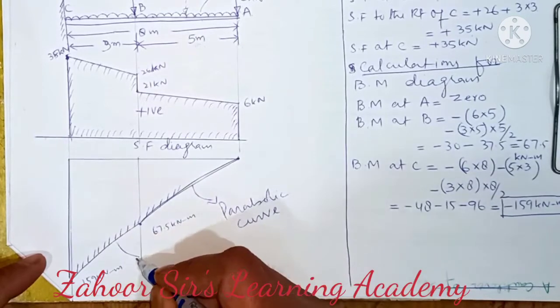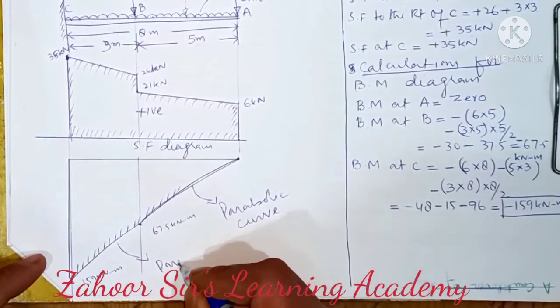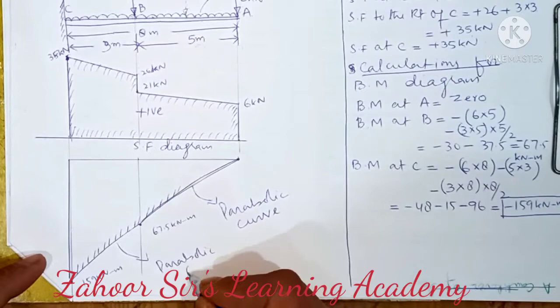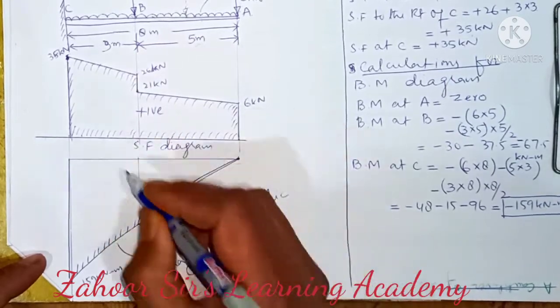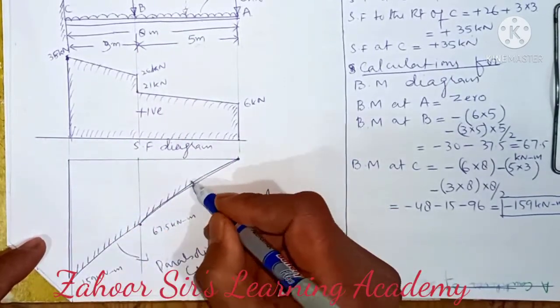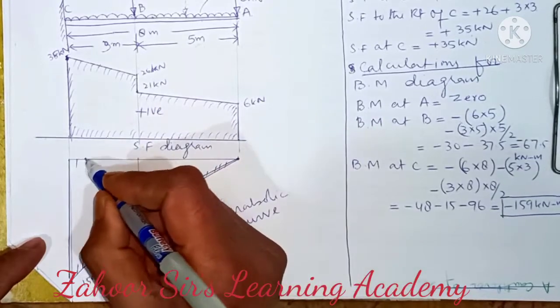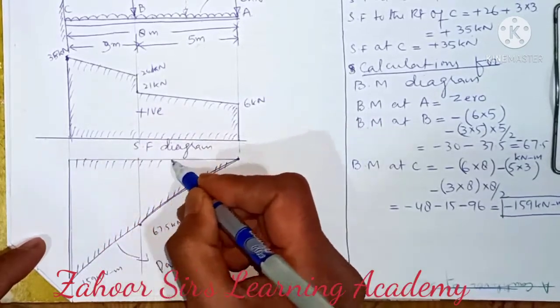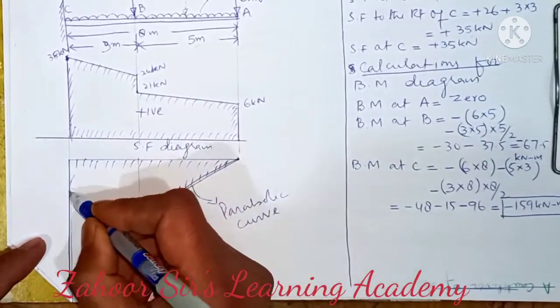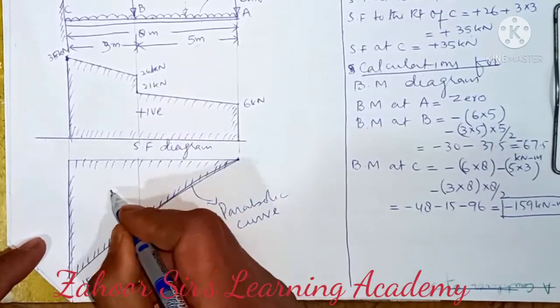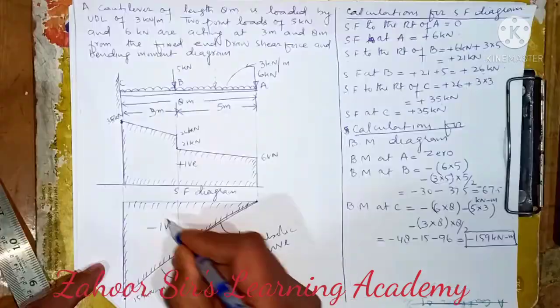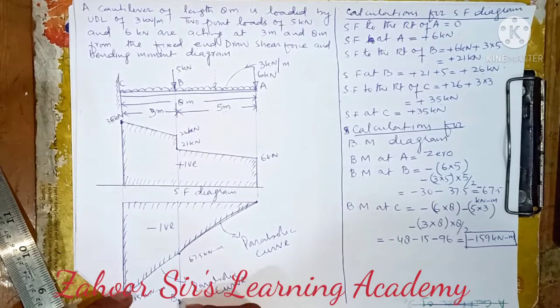So this is also a parabolic curve. And we need to close this and hatch this. And this is minus, and this was the BM diagram.